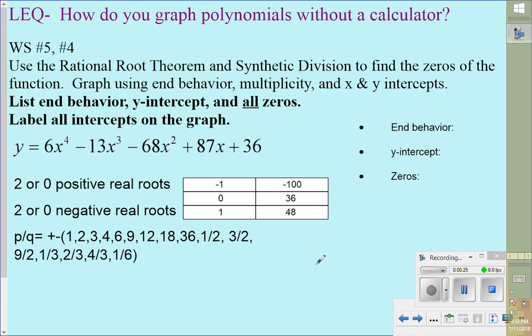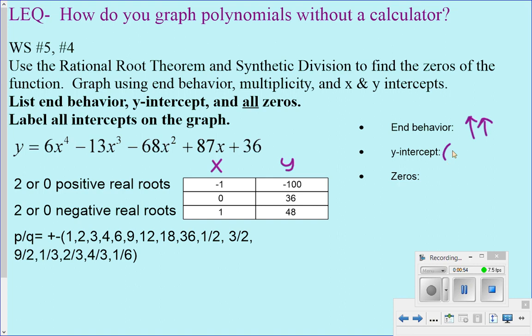Right at the end of class, we had already used Descartes to know that there were 2 or 0 positive real roots and 2 or 0 negative real roots. We had done the rational root theorem to get our list of possible rational zeros. We had done an XY table, and we knew the end behavior was up, up.